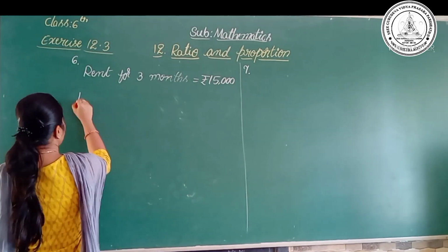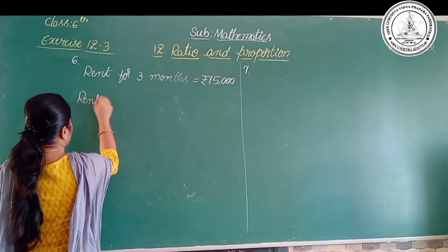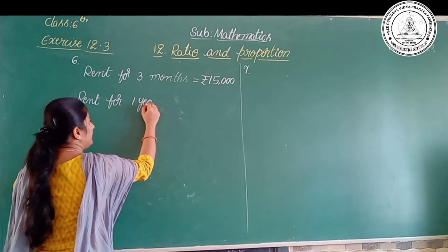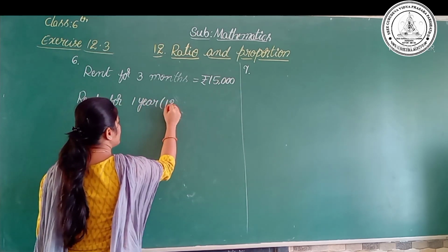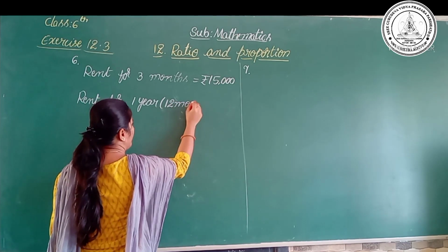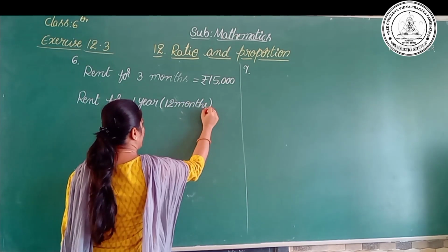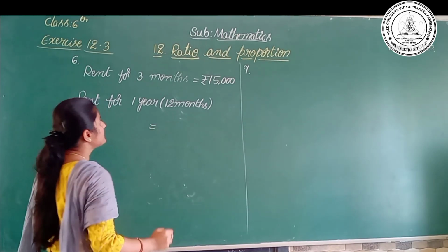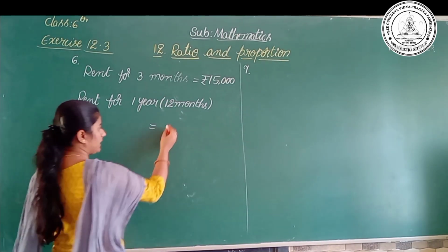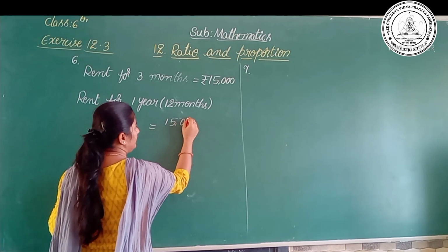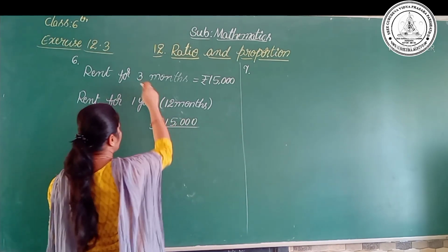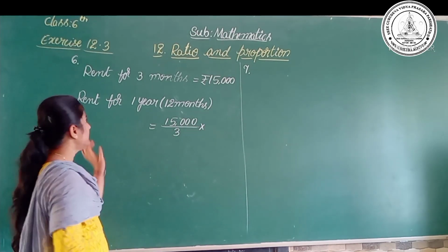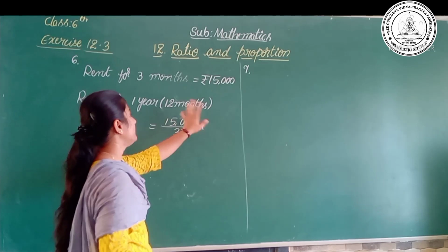So what is the rent for 1 year? In 1 year there are 12 months. We know that 1 year is equal to 12 months. Rent for 1 year is equal to 15,000 divided by 3 months, multiplied by 12 months.